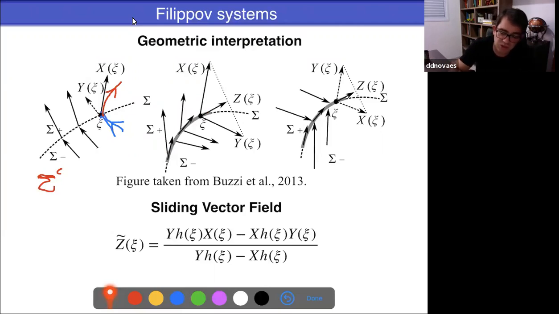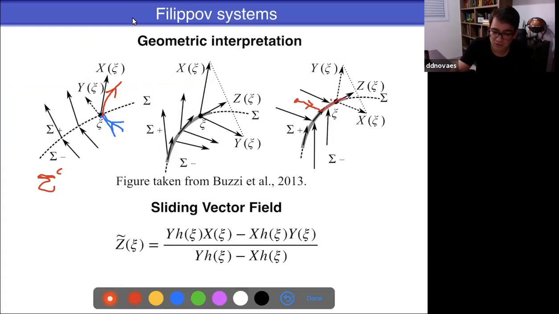In this situation, we have defined on the discontinuity surface a vector field, which is called a sliding vector field. So if we take an initial condition here, the trajectory of this initial condition reaches the discontinuity surface in a finite time, and after that it starts to follow the trajectory of the sliding vector field.